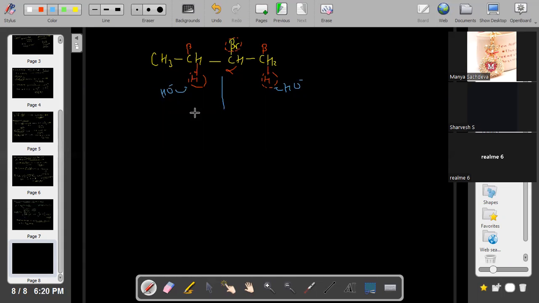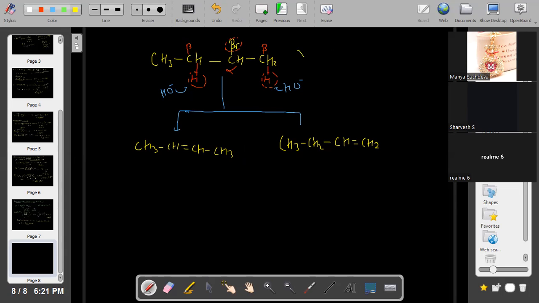Now see both cases. If this comes out, then this is retained. In such a case, CH3, CH2, CH double bond CH2. If this moves out, then CH3, CH double bond CH, CH3. So both compounds are possible in such kind of compound.